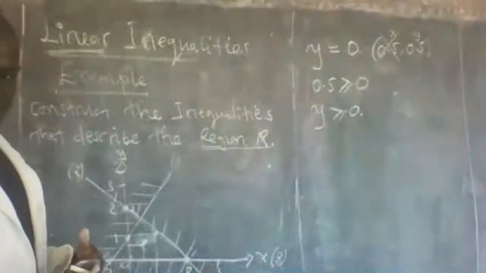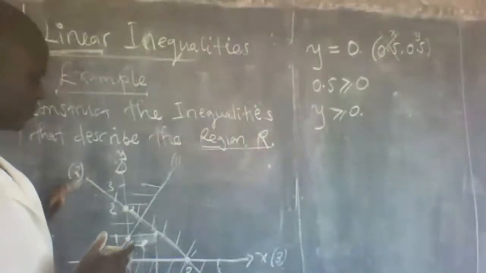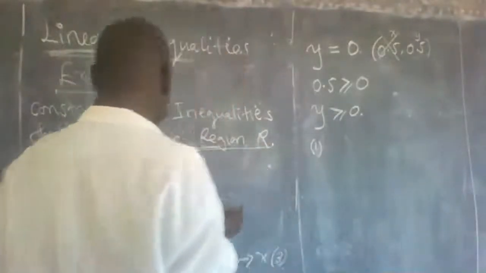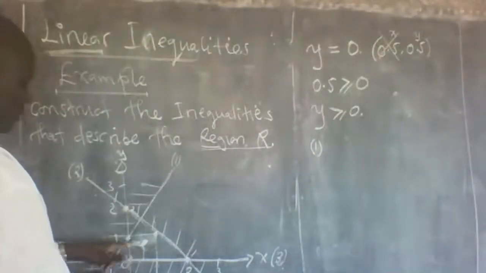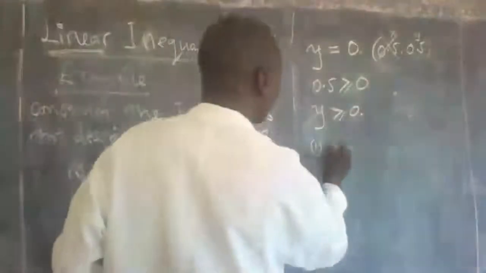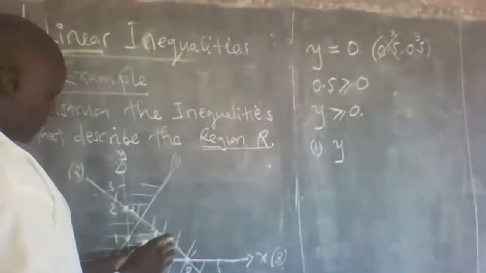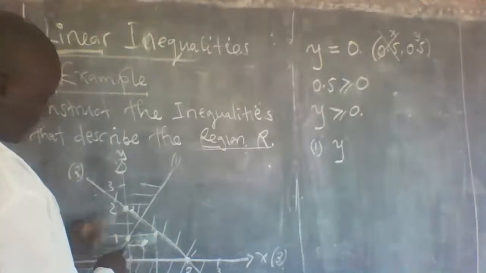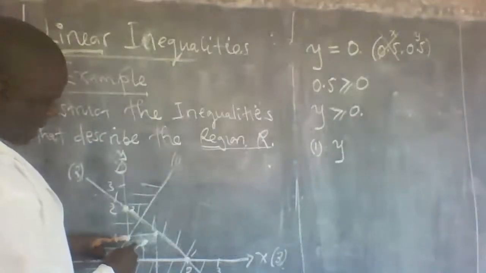So giving the summary of what we've looked at, the three inequalities that were used to draw these lines were: number one, the first one here. I haven't written them down, let me just check through. Okay, this point here is 0.5.